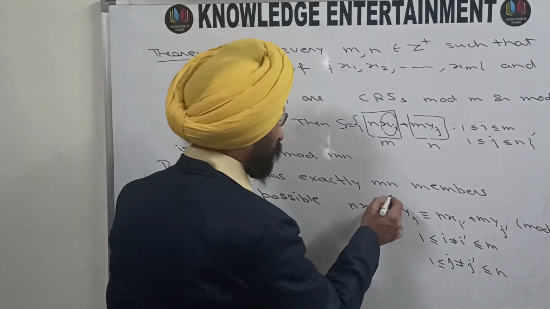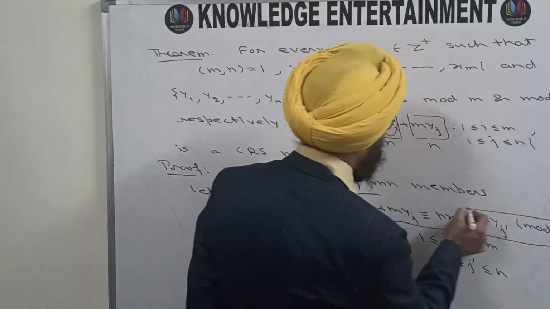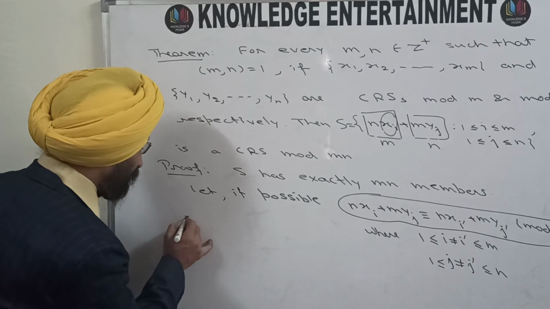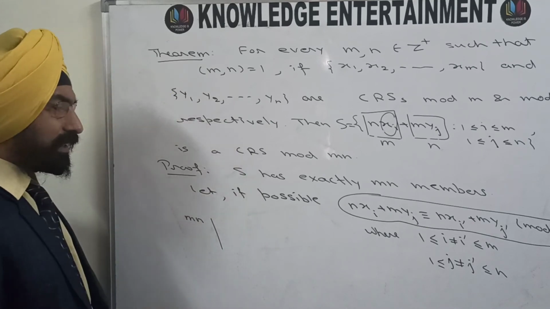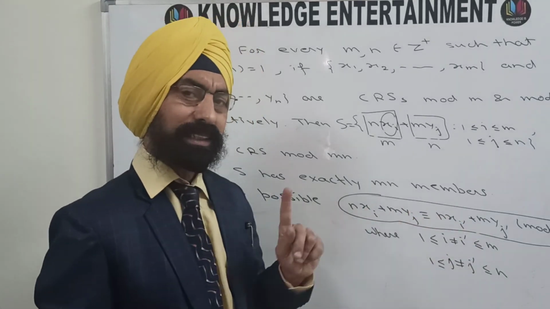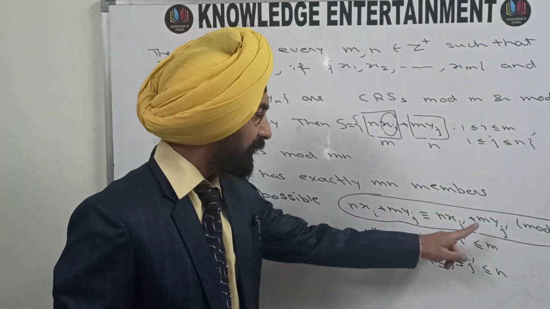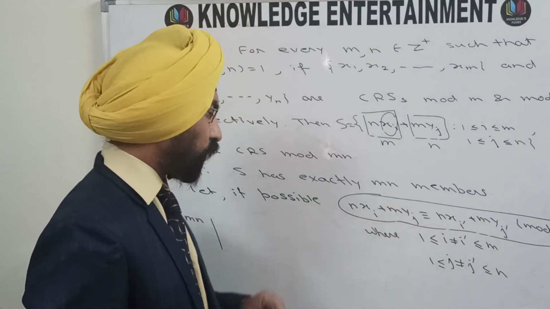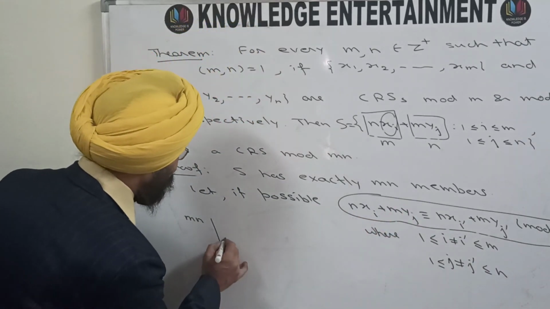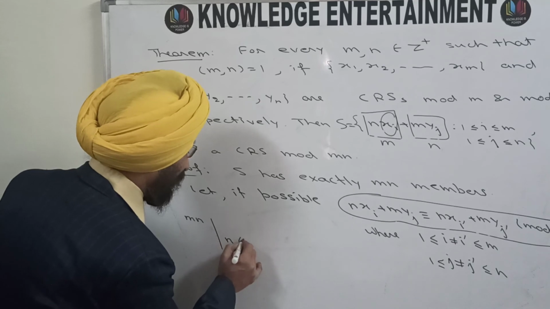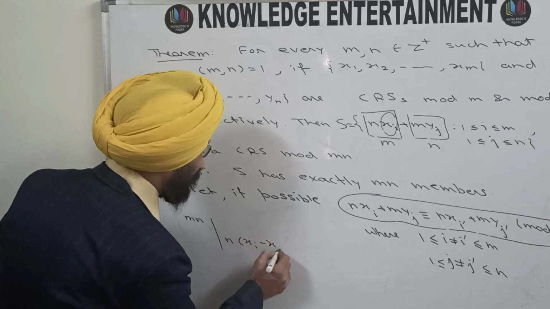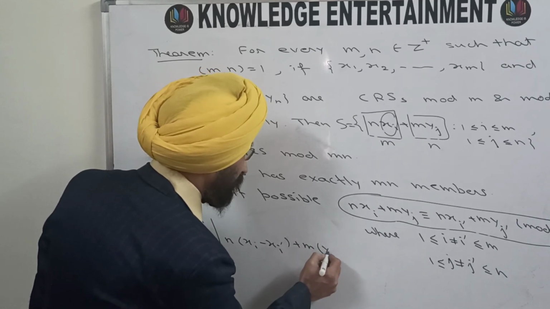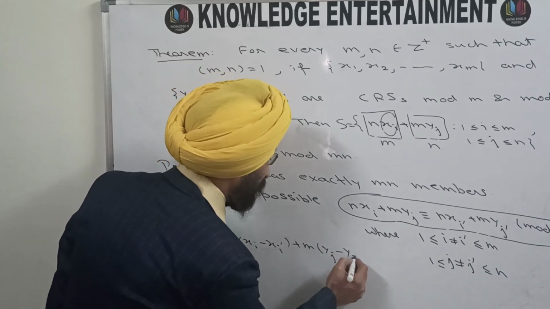It means mn divides this minus this. I will take n common from two terms and m common from the other two. So I get n(xi minus xi dash) plus m(yj minus yj dash).